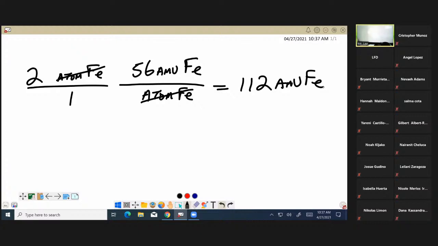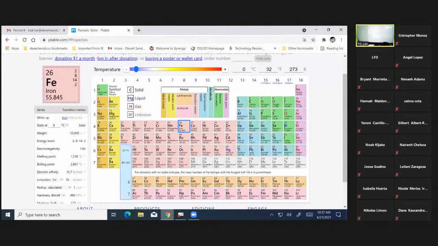Now, the second question is, what happens if you're given 3 atoms of copper? Again, put 1 underneath, and you do the exact same thing. You look up copper. Copper is right here, and it is 63.546. So let's round that off to 64.